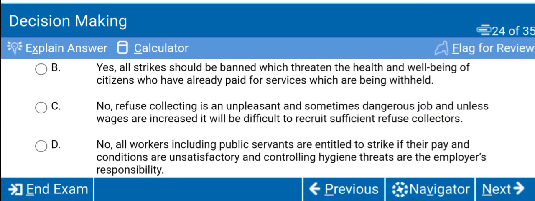So the correct option is option D, which says no, all workers including public servants are entitled to strike if their pay and conditions are unsatisfactory, and controlling hygiene threats is the employer's responsibility.